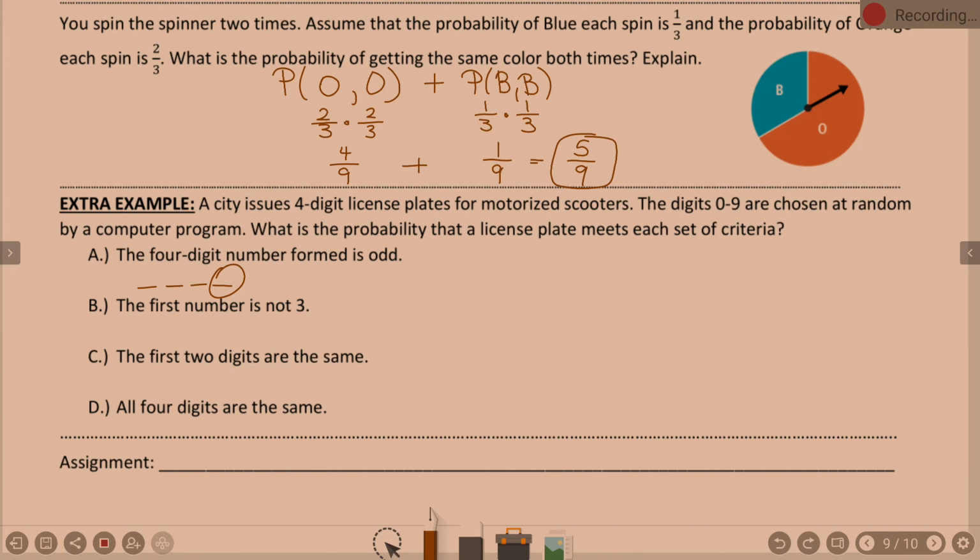You could have 0, 2, 4, 6, 8 making it even, or you could have 1, 3, 5, 7, 9 making it odd. And so I would just go as basic as 1/2. So 1/2 or 0.5, I think they'll accept either right here.